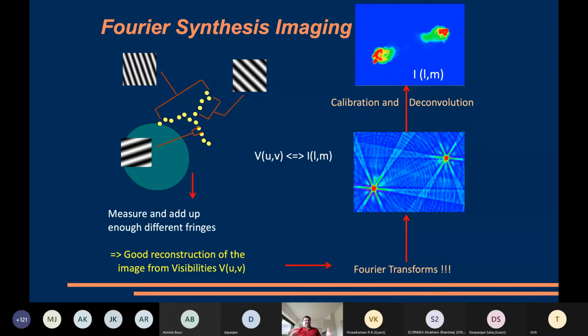We can discuss it more later on, but that's basically the principle behind interferometry. So in the sky plane, you have the image, and in the visibility plane, which is the Fourier domain, you have something called visibility, which is basically nothing but voltage correlations coming out from any two pairs of antennas. So how do we interchange?